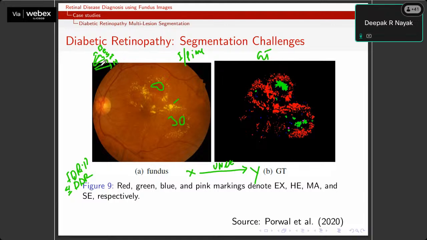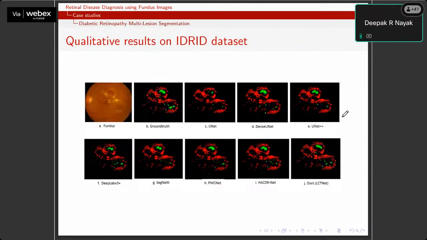Every pixel has to be classified into one of these 5 categories. It's a very challenging task, and very little work has been done in this field because of the complexity of the problem itself. And here are some of the results which we have obtained using our proposed approach.